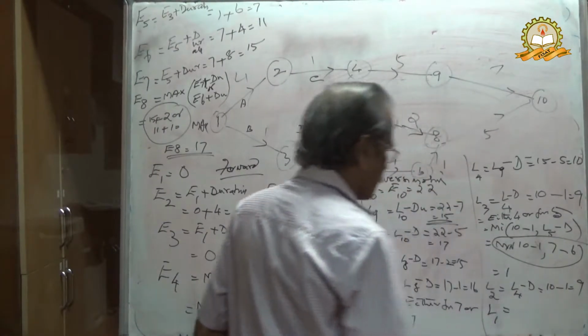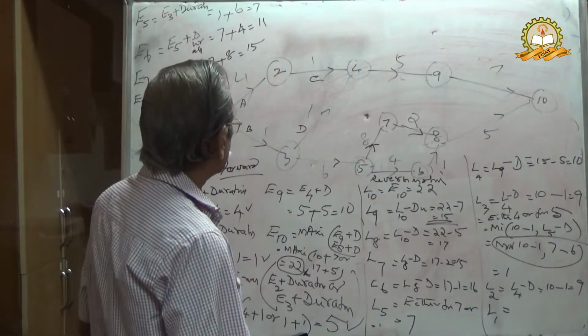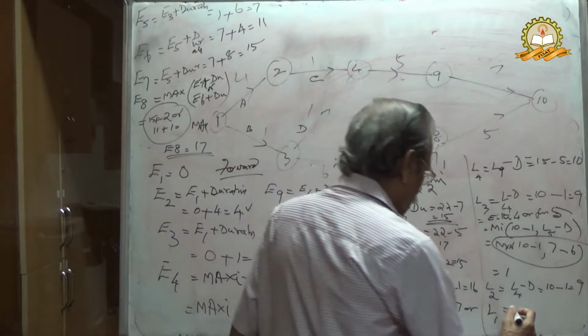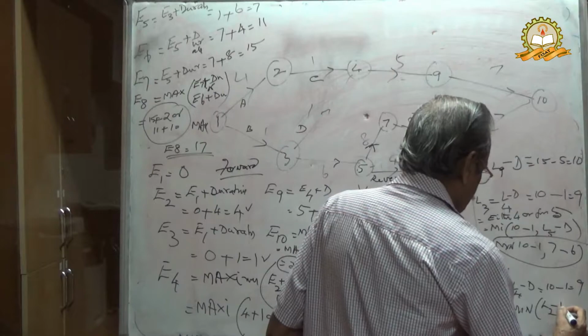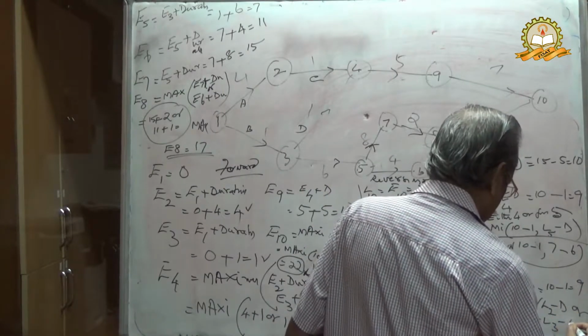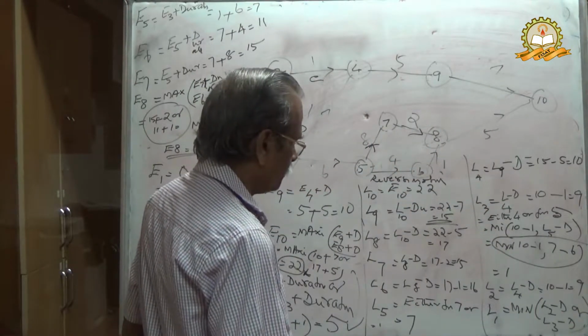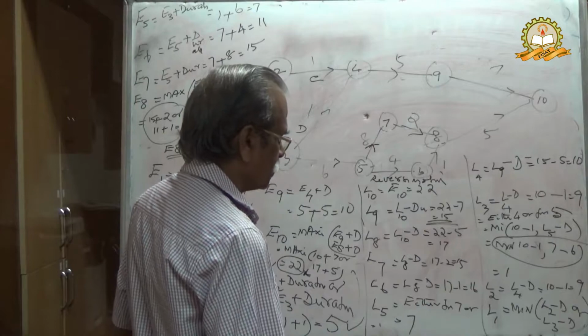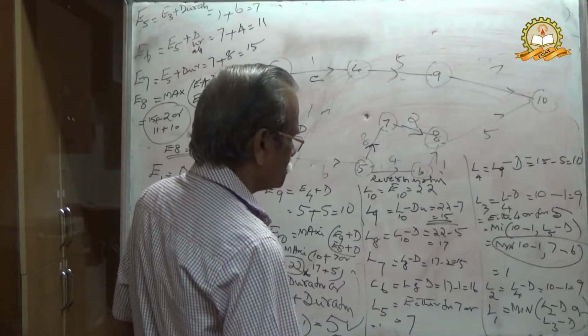L1 will be, again in reverse, minimum of L2 minus duration or L3 minus duration.